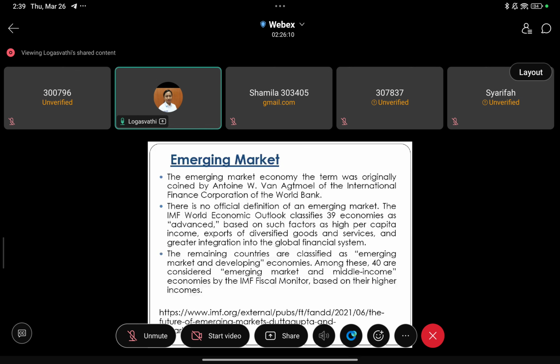The second one is the building societies. Building societies give loans for buying residence houses only. Okay, in Malaysia, it's the same as MBSB. MBSB provides loans to buy a residence house, and also business and commercial properties.